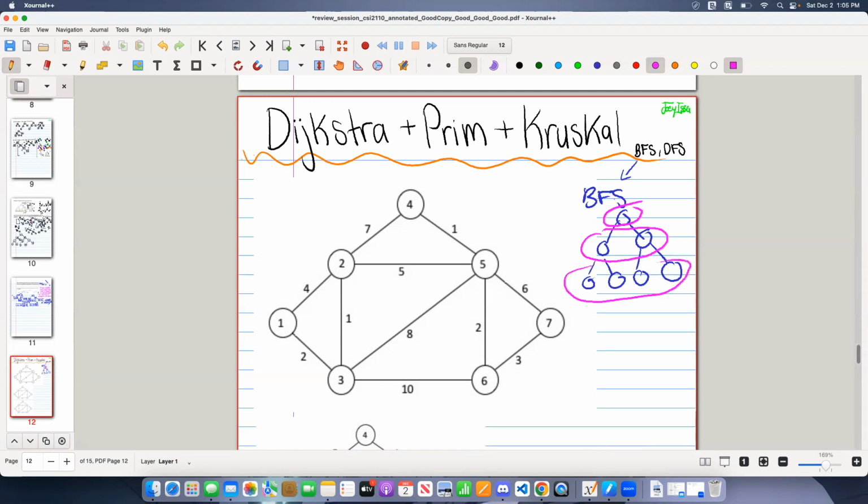Now let's say these are numbered. Let's say this is 1, 2, 3, 4, 5, 6, 7, like so. Well, if you had to print out your BFS, it would actually print out like this: 1, 2, 3, 4, 5, 6, 7. Because you're going layer by layer, and you're going usually from left all the way to the right. Okay, so that's the main thing to know for BFS.